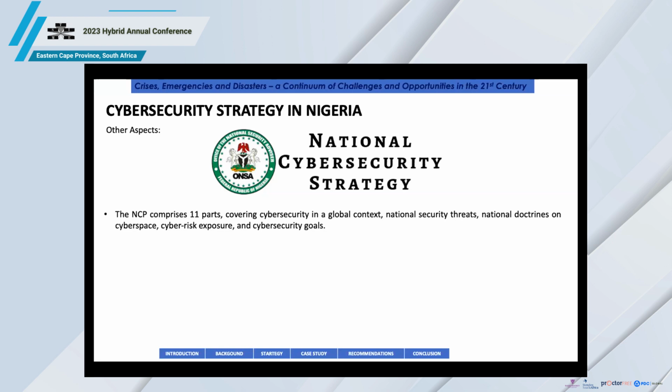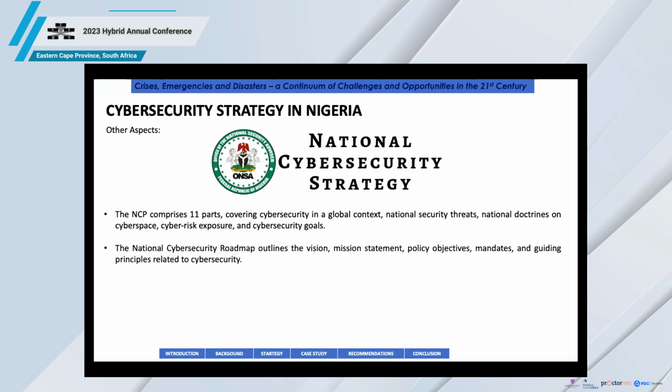So the review of the document shows different doctrines in terms of your cybersecurity goals, the national security threats, not only in terms of the cyberspace, but also physical security that are perpetrated through cyber means.